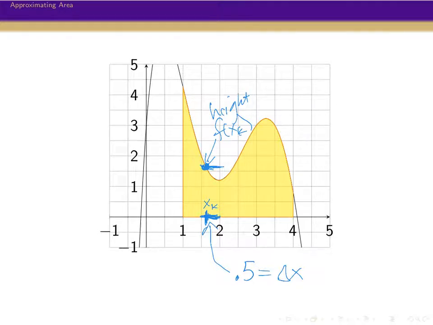Okay, and so then to get the area for this estimate, well, it's a rectangle, and so our estimated area over this subinterval, this subregion of the graph, is going to be the area of this rectangle.